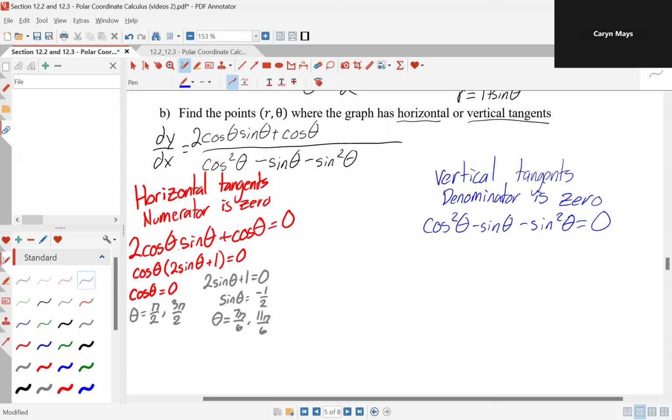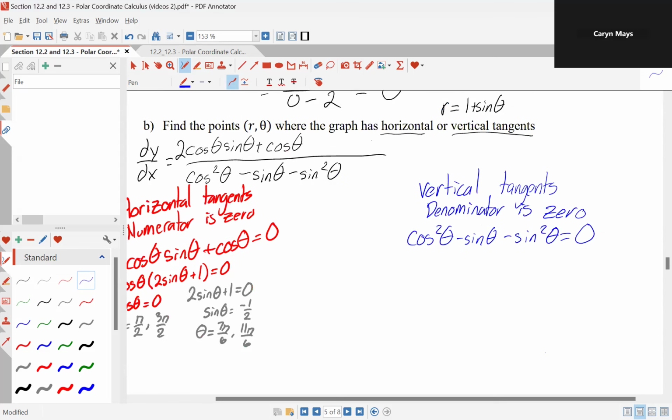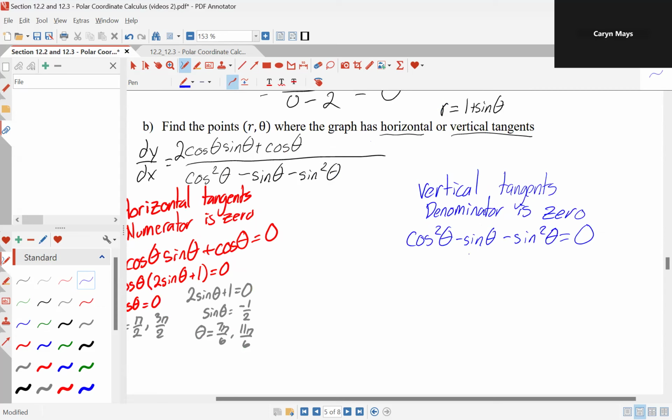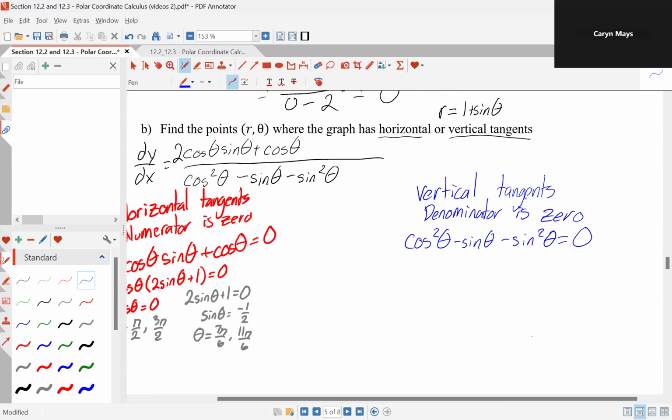We pulled that cosine out. We don't have something that's the same all the way across. So if we can't have an easy factor, what we'd really like to do is make them all either sine or all cosine. We already have two that have just sine. So I'm going to turn that cosine squared into sine by using our Pythagorean identity.